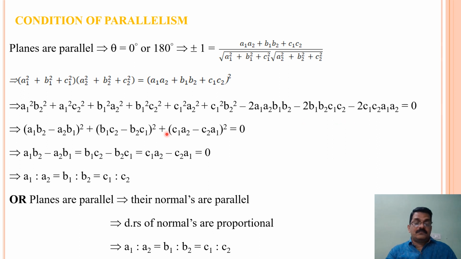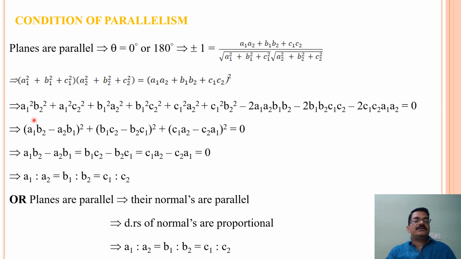So in total, a1 square b2 square plus a1 square c2 square plus b1 square a2 square plus b1 square c2 square plus c1 square a2 square plus c1 square b2 square minus 2 a1 a2 b1 b2 minus 2 b1 b2 c1 c2 minus 2 a1 a2 c1 c2 is equal to 0.